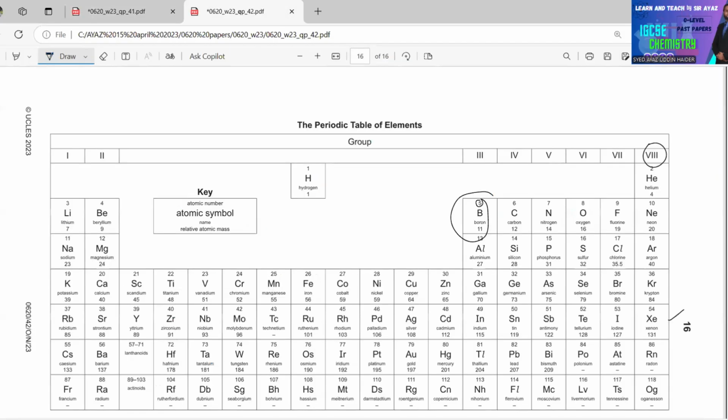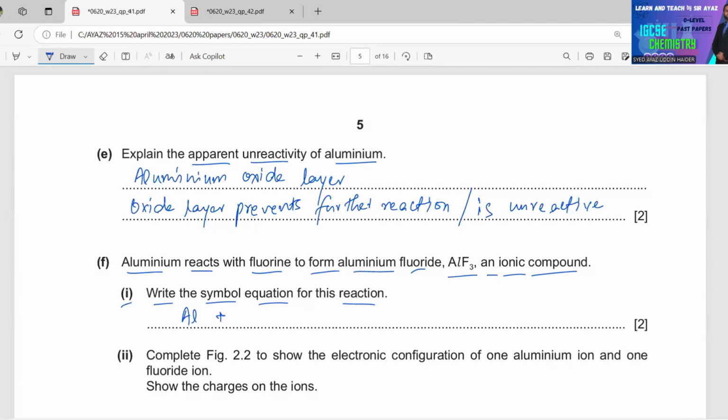If you look at the periodic table, here is fluorine. But you can't write F for fluorine. Fluorine, they are halogen. It's in the group 7, which is halogen. So halogens, they all exist in the diatomic state. So you will write F2. And the formula of the product, we have already mentioned, which is AlF3.